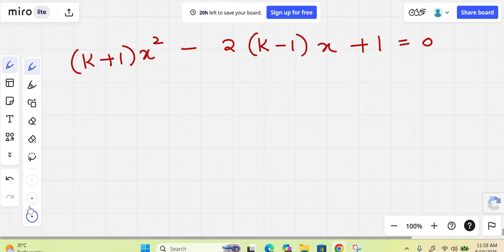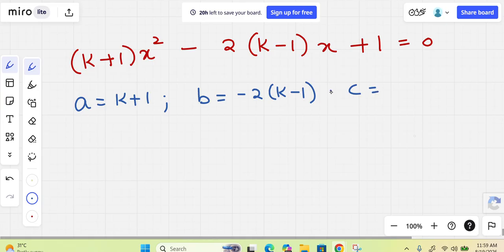If you have these kind of questions, always write it. Then you figure out what is b square minus 4ac.